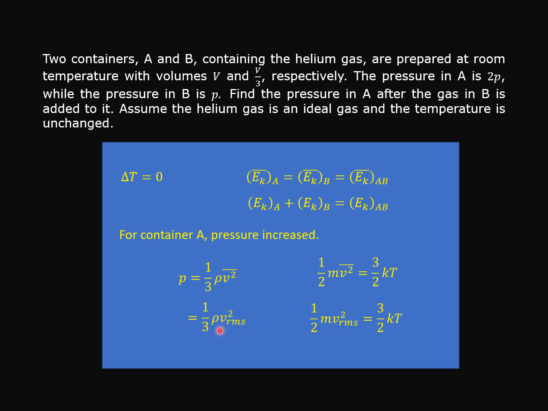So the increase in density in container A causes the pressure in container A to increase without affecting the temperature. Okay, so after the calculations, we hope that all of you can see these pictures.